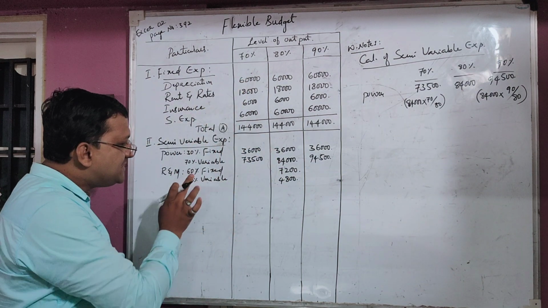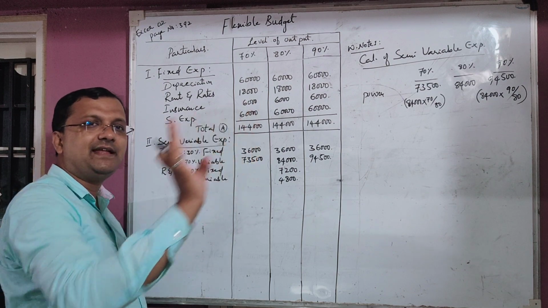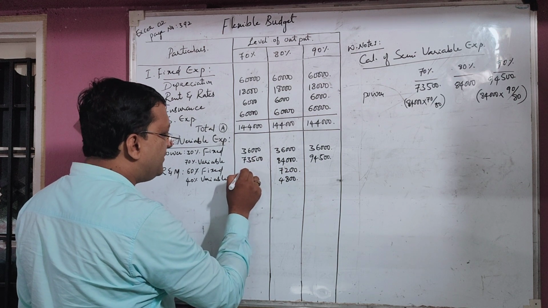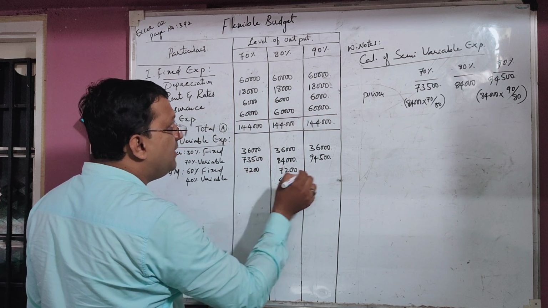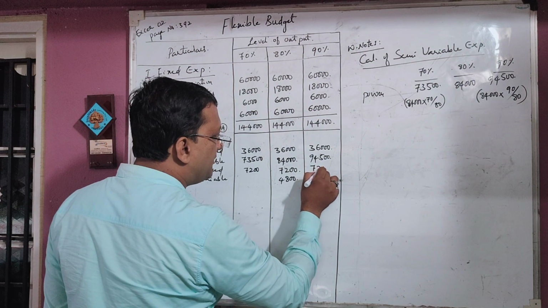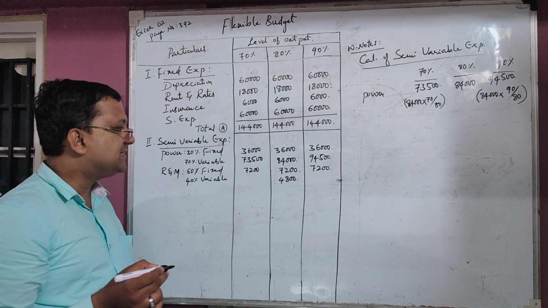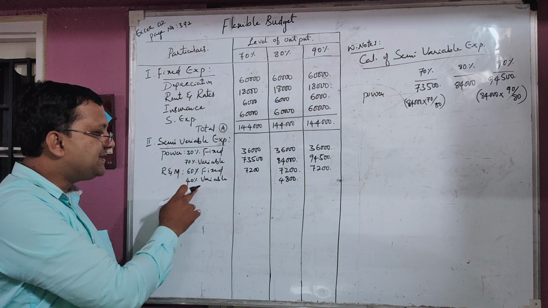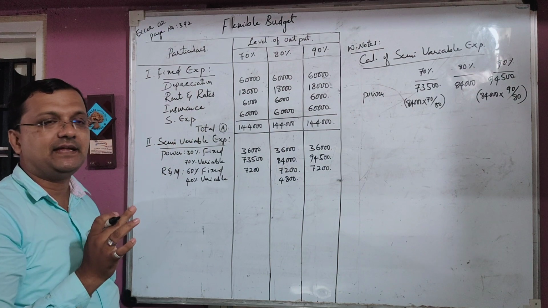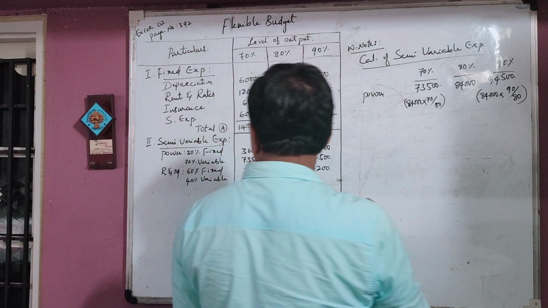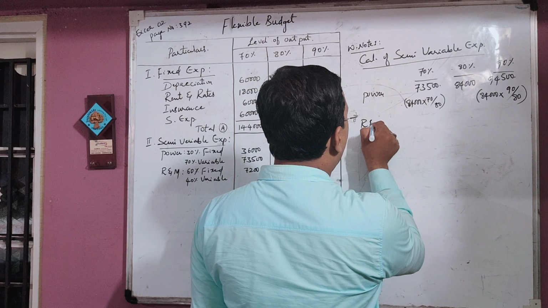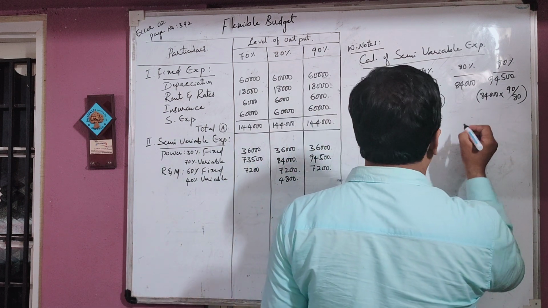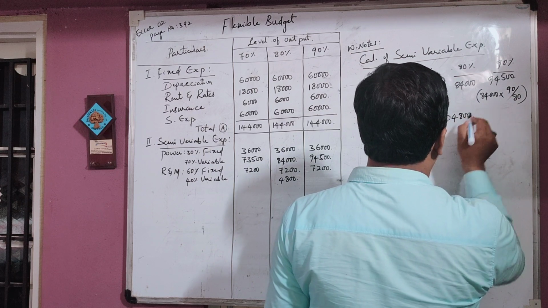Remember one thing: 60 percentage fixed remains constant irrespective of capacity. So for 80 percentage 7,200, for 70 percentage also 7,200, for 90 percentage also 7,200. Then 40 percentage is variable for 80 percentage capacity. Then we go with the working note. Repairs and maintenance, 4,800.